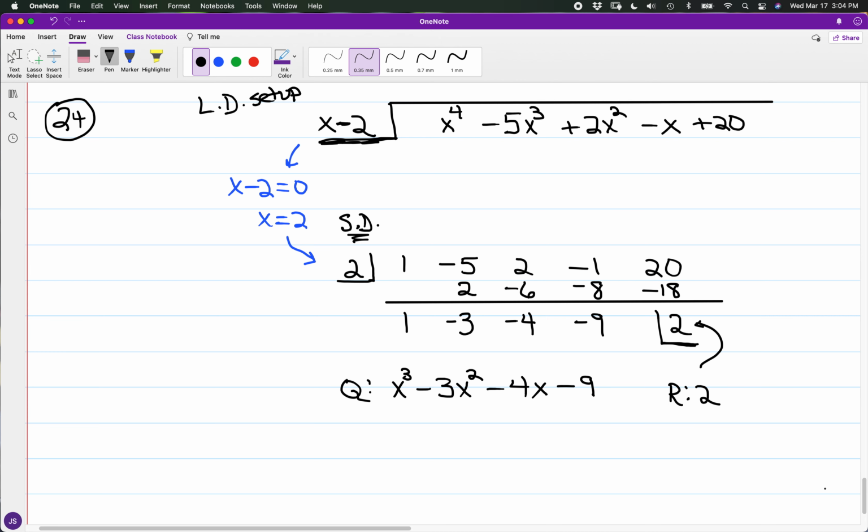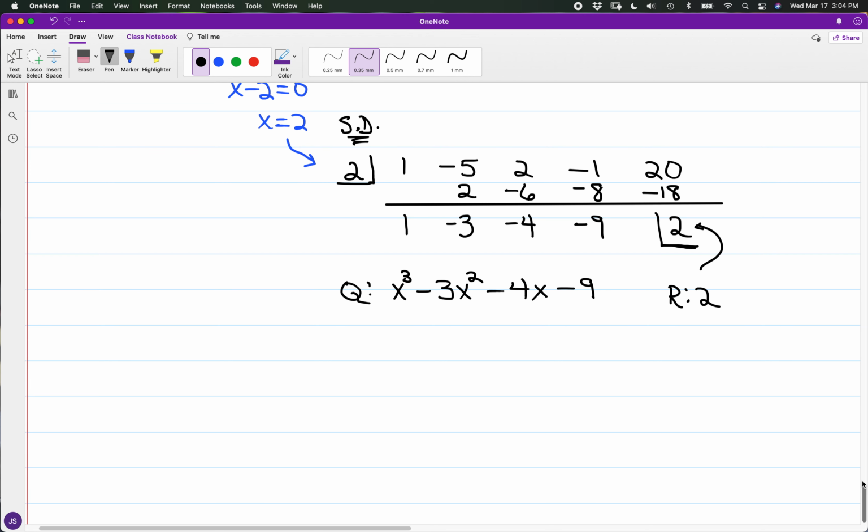Now, for what we have in the case of number 30, just looking at this from a long division setup perspective, you have the divisor, which is x minus 3.